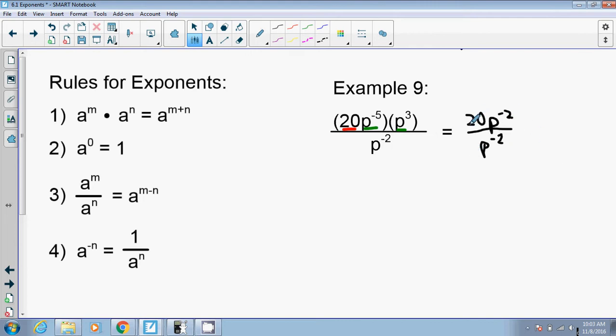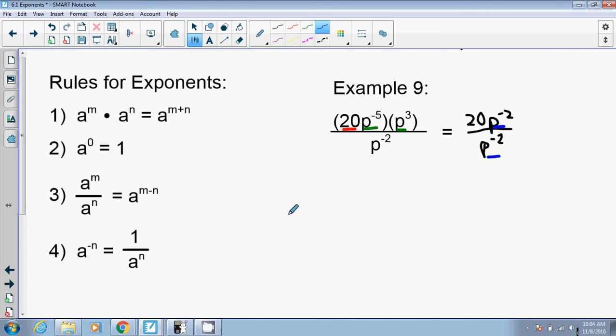Notice now I have no more multiplication, but hopefully you've noticed here that I have a p in the top of the fraction and a p in the bottom of the fraction, and I'm just dividing them. So I'm going to use my quotient rule of exponents, where if I'm dividing stuff with a similar base, I subtract the exponents.